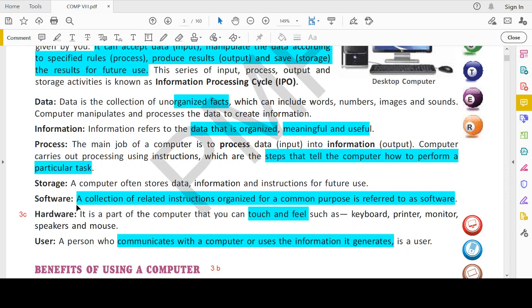But the interface on which you are working, like a word processing software which you are using for writing a letter, allows you to write a text or a letter, a paragraph, a story. You can check the grammatical errors in it. You can format the writing styles.